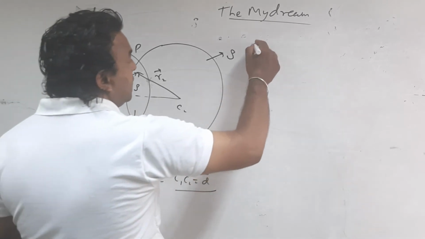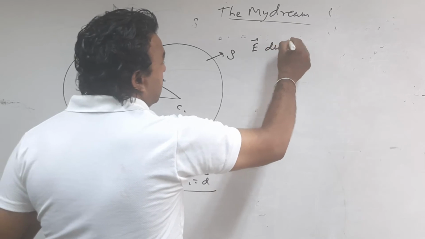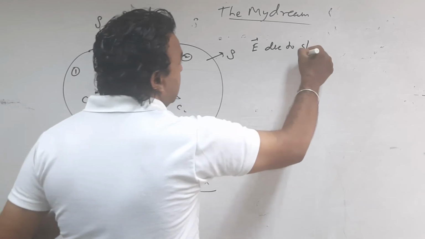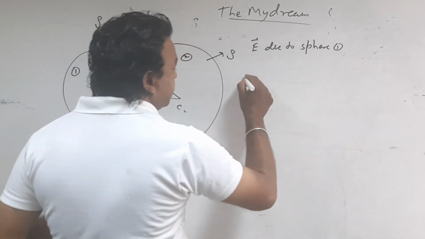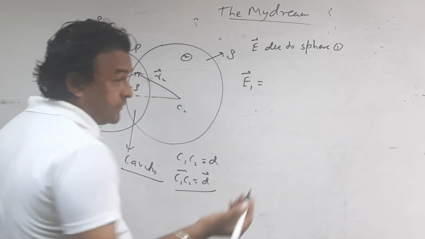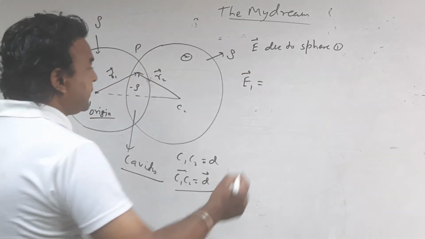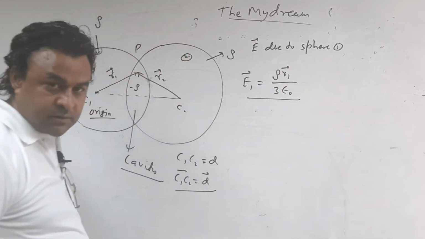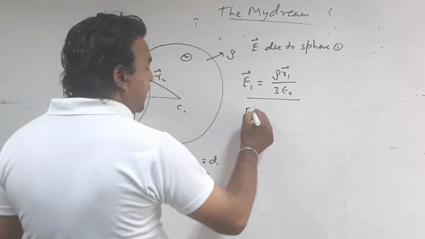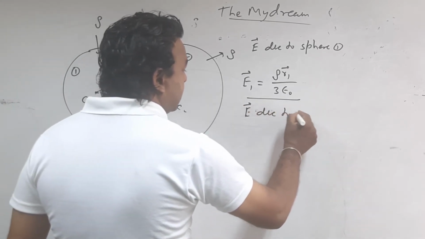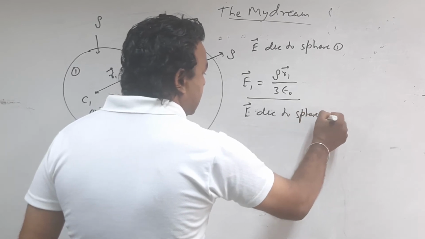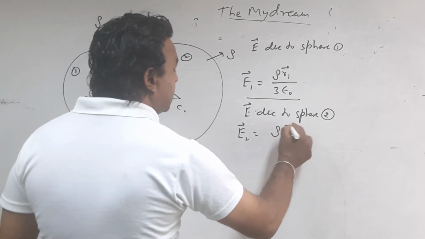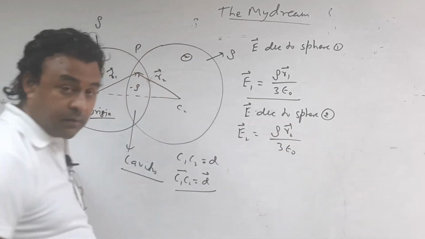Now E due to sphere 1 and sphere 2: due to sphere 1, E1, as the formula is rho r upon 3 epsilon naught, rho r1 upon 3 epsilon naught. Now E due to sphere 2, E2 is rho r2 upon 3 epsilon naught.